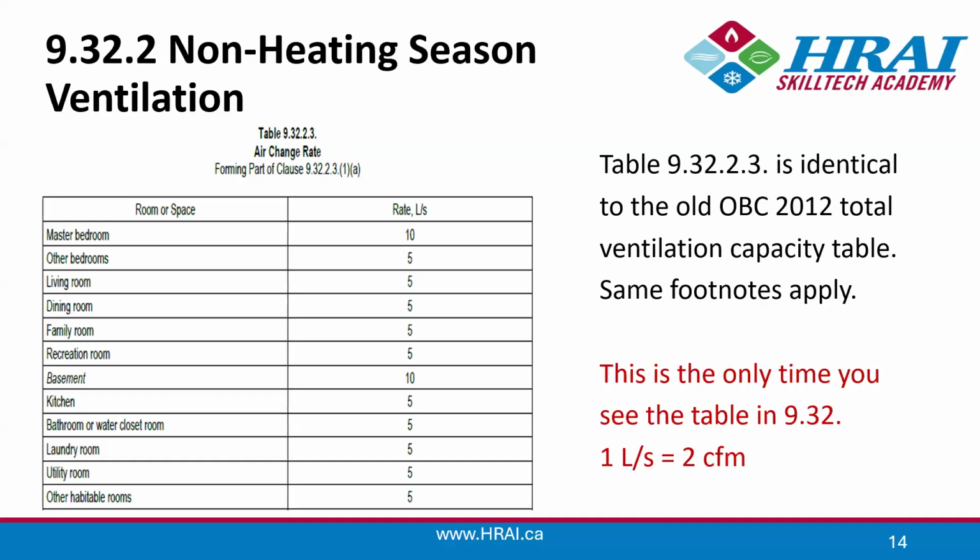I guess any access rooms, egress rooms are not included. All those little details are the same as before. And don't forget, this table is in metric, so 1 liter per second is 2 cubic feet per minute. That's our soft rounding, so it's double that for your imperial numbers.